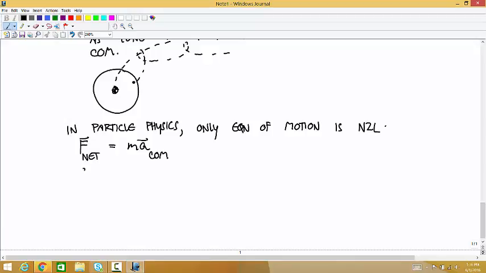This equation is actually two equations in 2 dimensions and 3 equations in 3 dimensions.